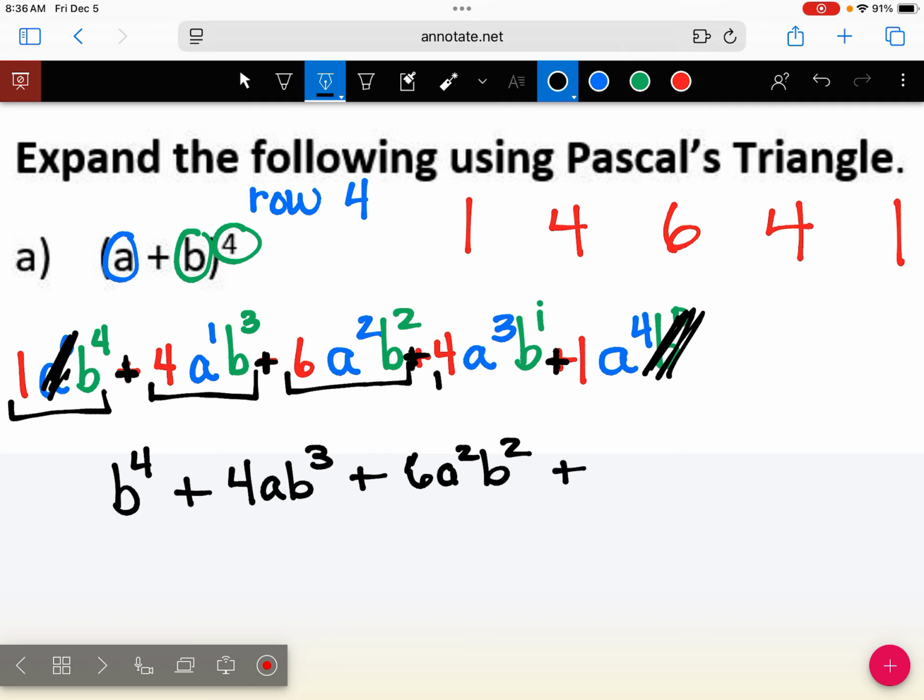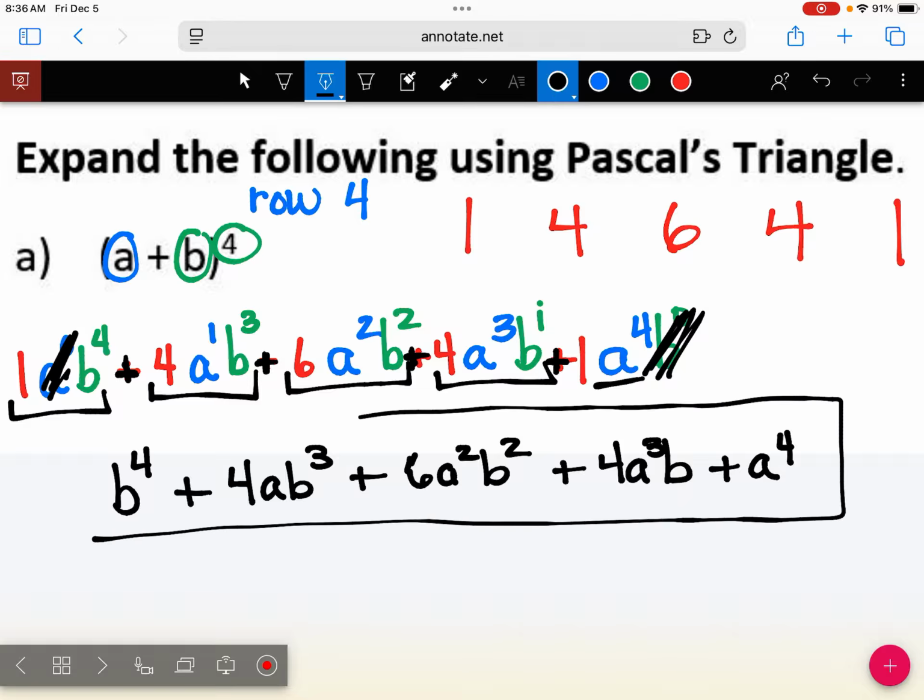Plus, when I multiply these together, I get 4a cubed b. And when I multiply that together, I have a to the 4th. That is my answer. That is what you get if you take a plus b and multiply it 4 times.